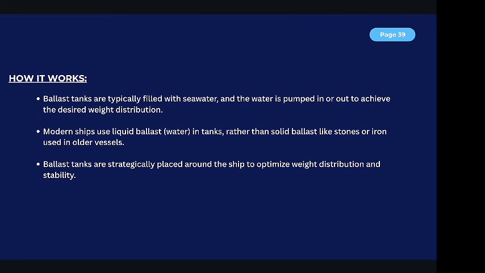In modern ships, liquid ballast or water in the tanks is used, rather than the solid ballast like stones or iron used in older vessels. The ballast tanks are strategically placed around the ship to optimize weight distribution and stability.